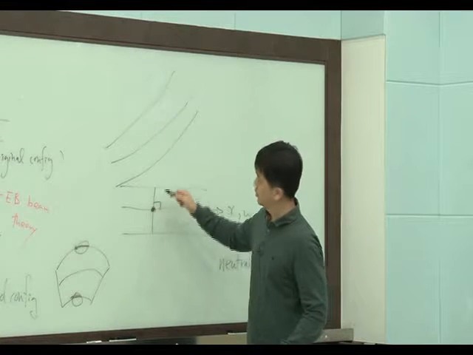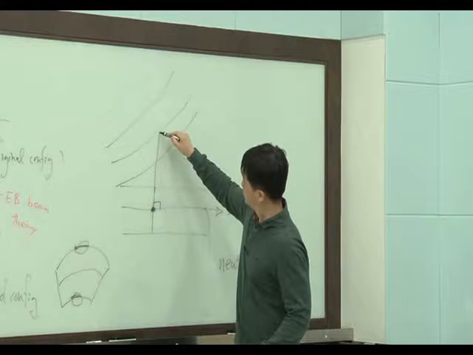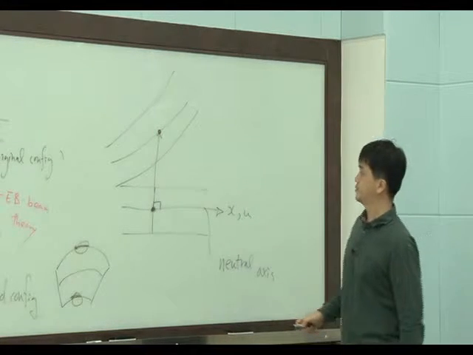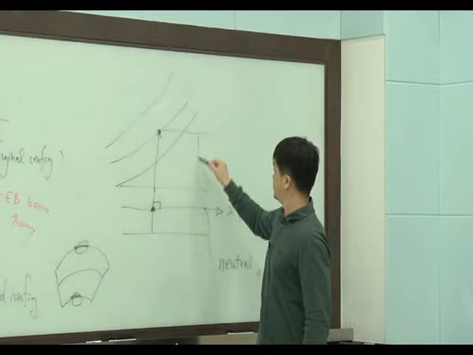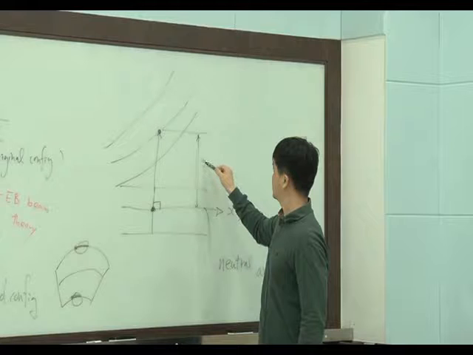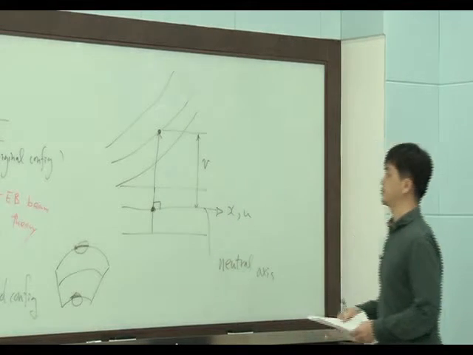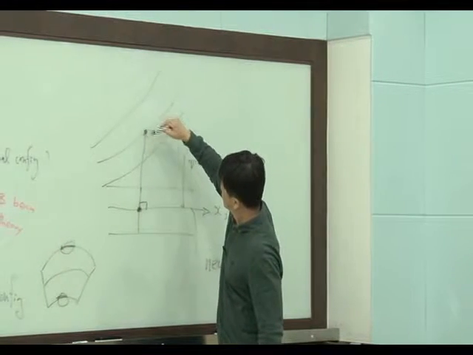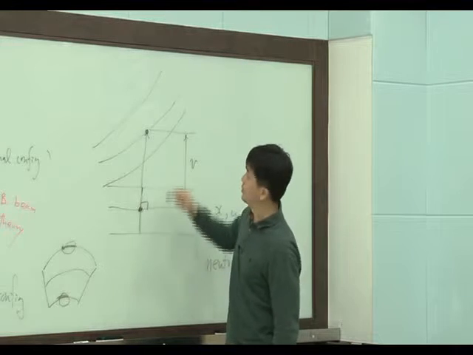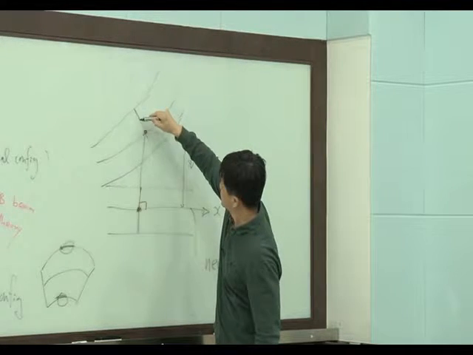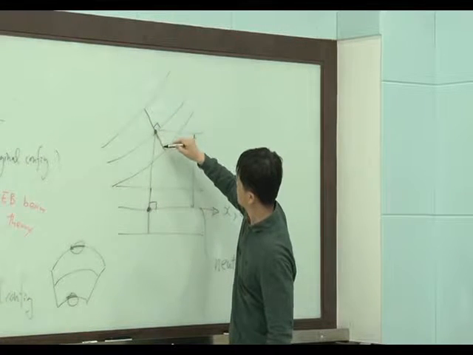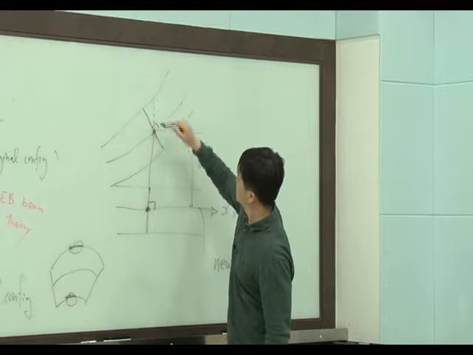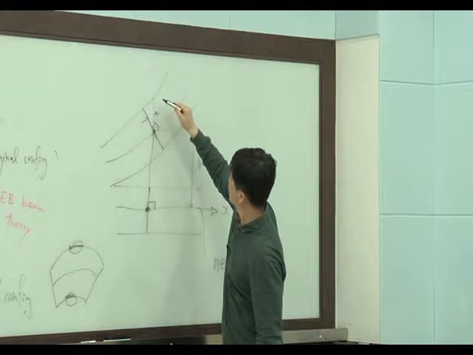This point will move to this point during the deformation, right? This is a transverse displacement v. And this line will be rotated like this. This is normal to the direction. And this rotation is theta.